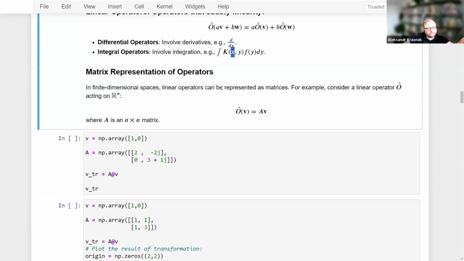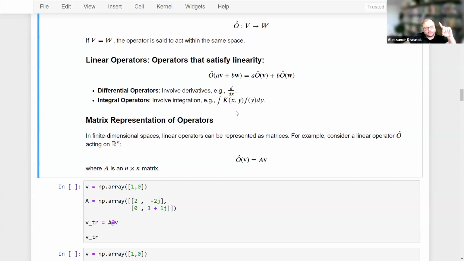So what is more important here is that operators can be represented by matrices. Okay. So again, if you have a vector like this quantum state in the Hilbert space, you can apply operator to cause this vector to change the orientation, change the direction.